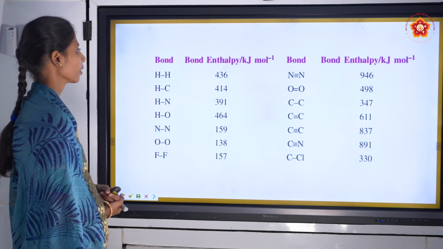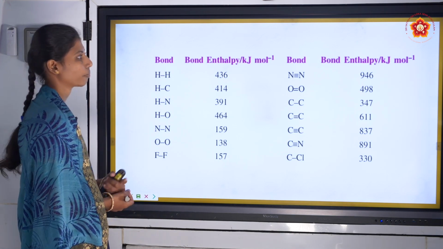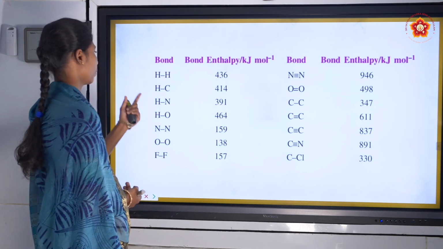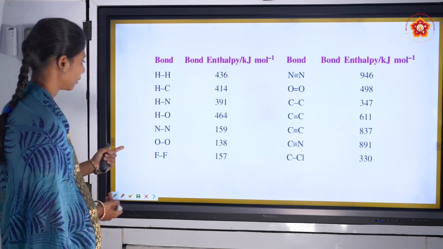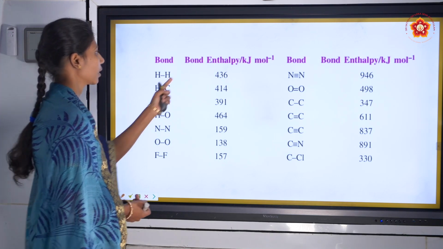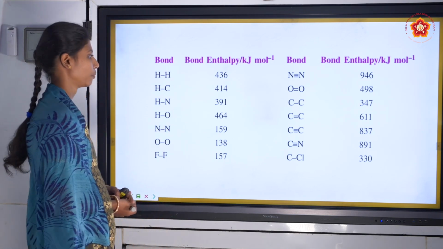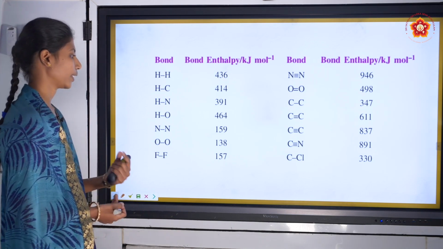Next, a few more examples of bond enthalpies, in kilojoules per mole. H-H, C-H, N-H, O-H, N-N, O-O and F-F have values 436, 414, 391, 464, 159, 138 and 157.